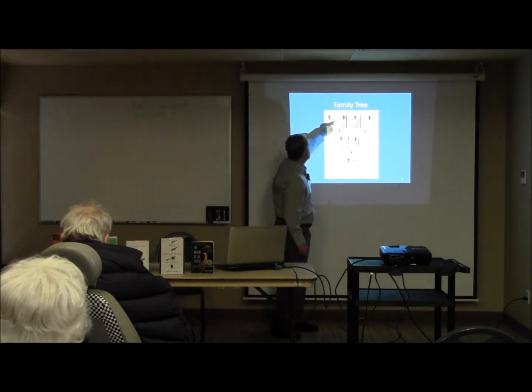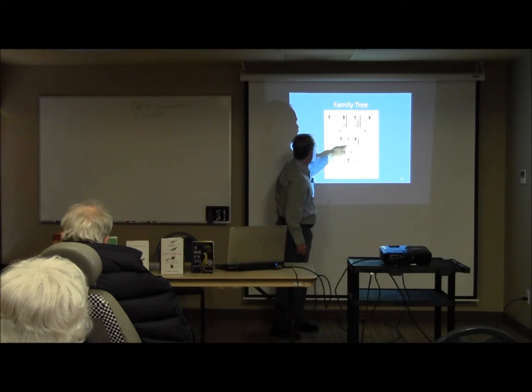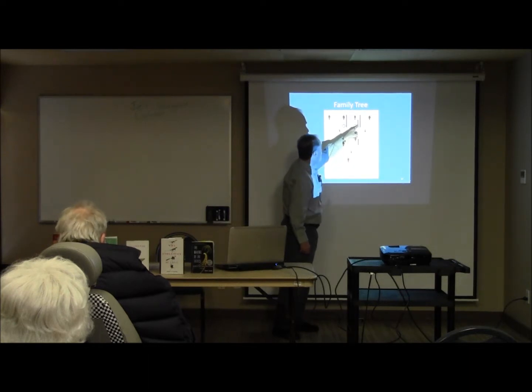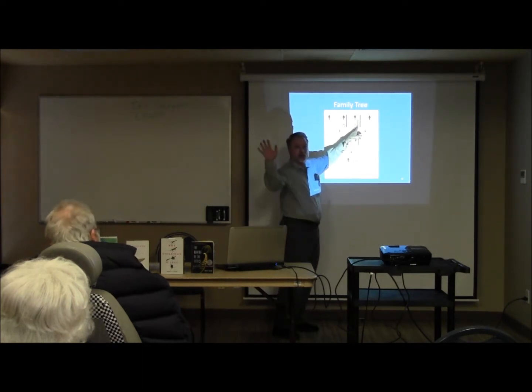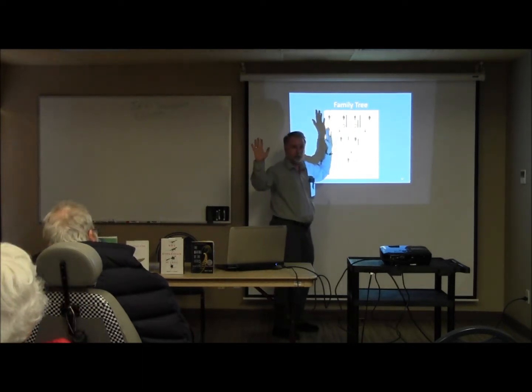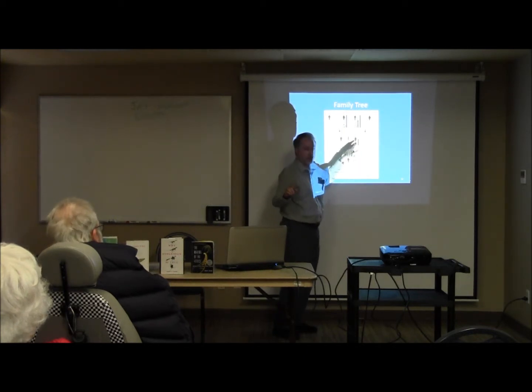But if you look at the top and then come down, you can see that some crossovers already occurred. Also note that this Y goes to here, goes to here. This Y doesn't go anywhere because this is female. So that Y chromosome is no longer in the gene pool. It's gone. Because this person only had girls.